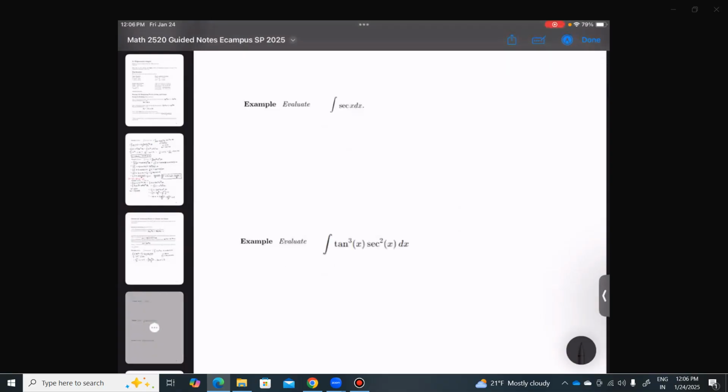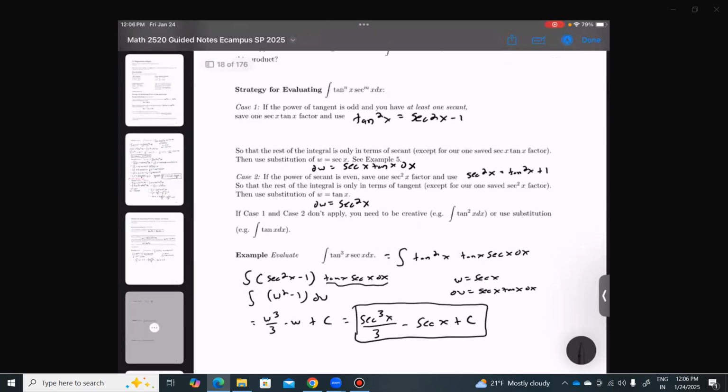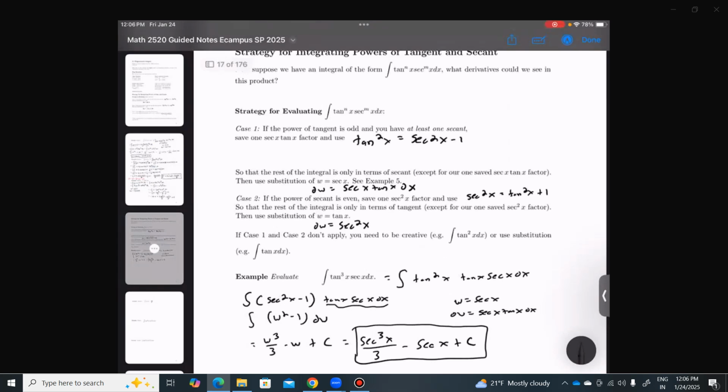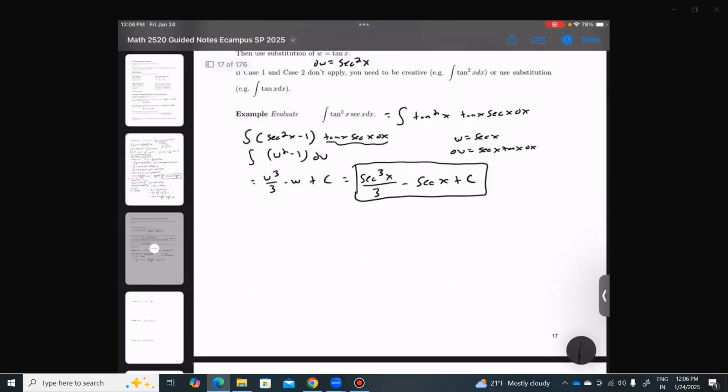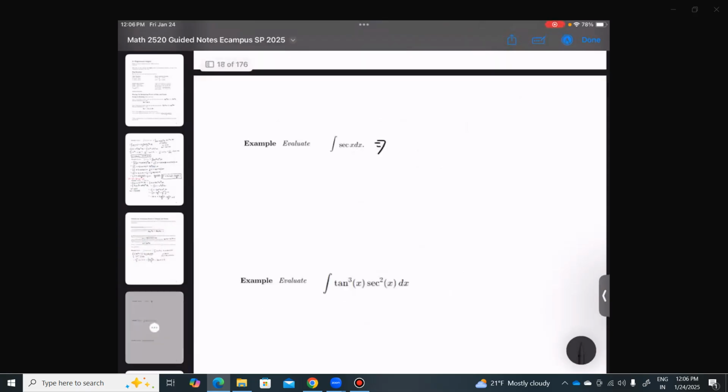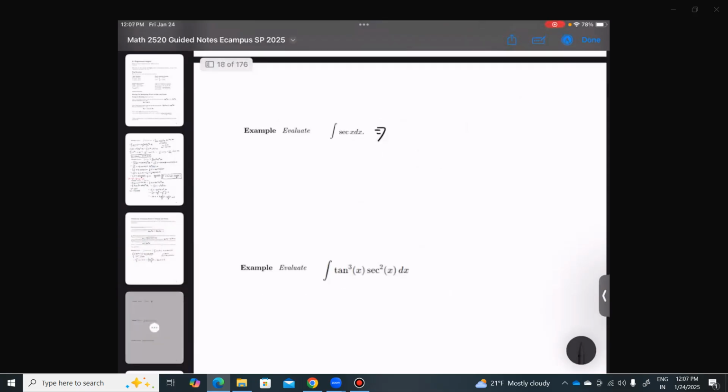Okay, so if we want to integrate secant x, we would have to look at this being case 2, right? Well, I'm sorry, that's even. Oh, I know what. Okay, yeah. So this is not one of the cases right now. This is where we have to be a little bit creative.